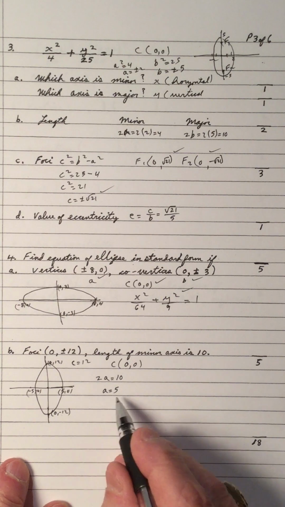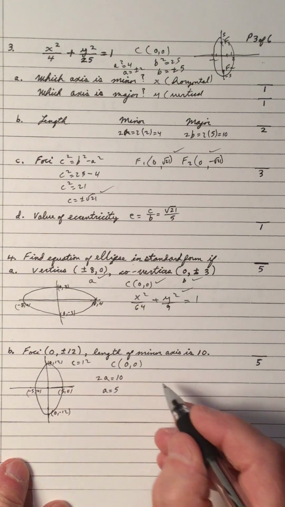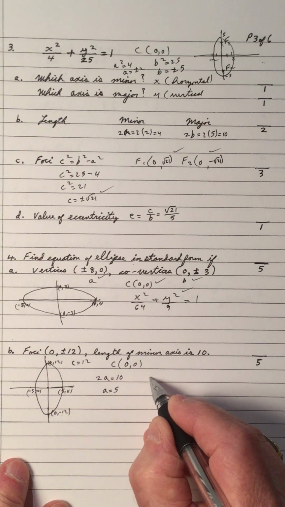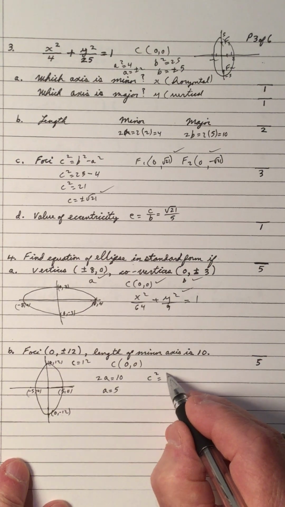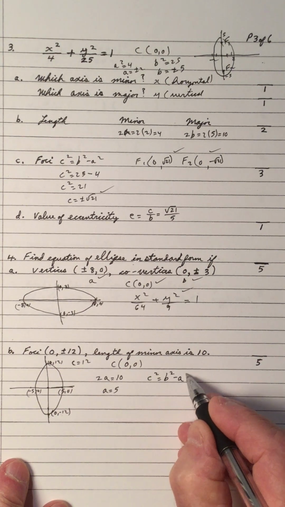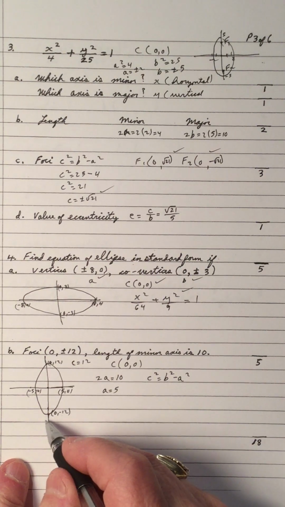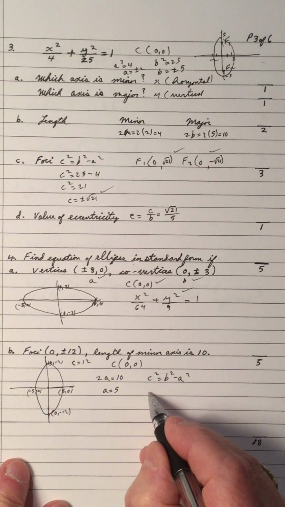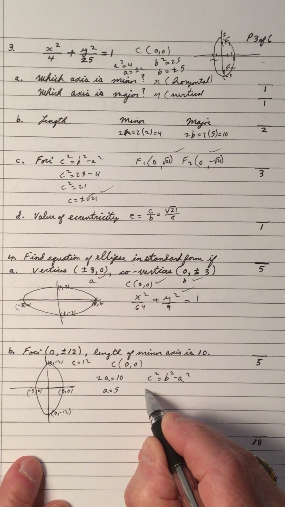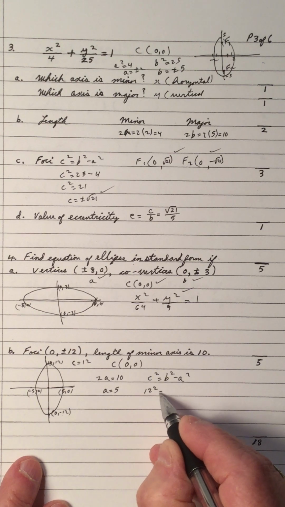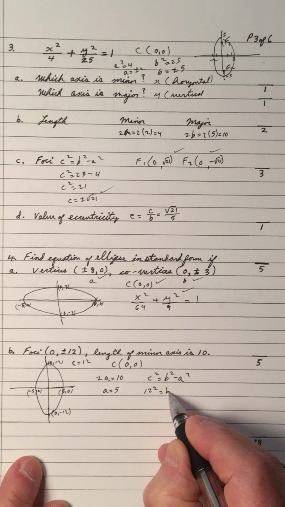Now we have a and we have c, so we have to get b. c squared, because that's the major, is going to be b squared minus a squared, because the major is the y, which is the b. So c squared, c is 12, so that's 12 squared, and we have b squared.